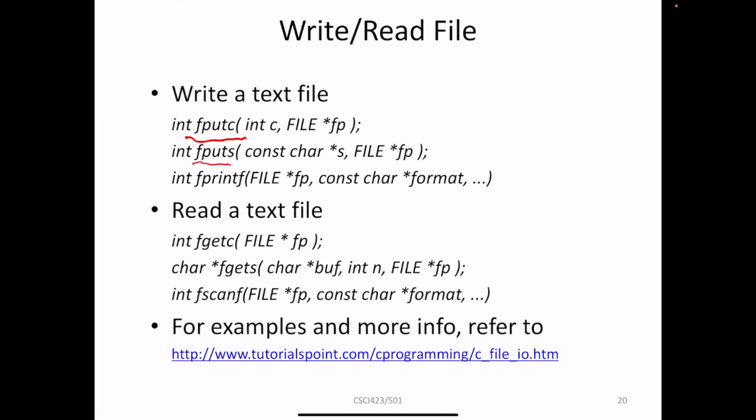And for this one, fputs, this function writes string s to the current position in file fp. And for this fprintf function, it is similar to the printf function, but writes to the current position in file fp instead of the screen. Then let's see the functions to read a text file. For this fgetc function, we will read a character from the current position in file fp.